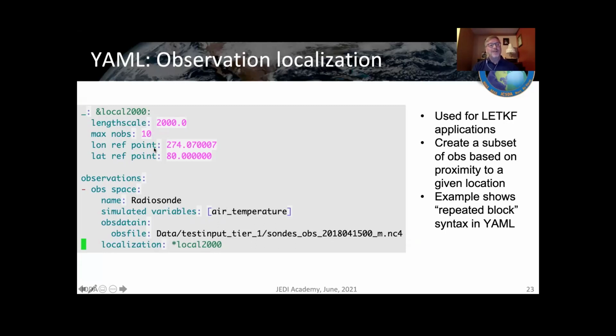Wherever you refer to this local 2000, you're going to get these keywords substituted in. It's being referred to down here with the asterisk in front of it. So this is saying localization, and nested underneath localization will be these four keyword pairs. Then you can repeat that. This just helps you save some typing.